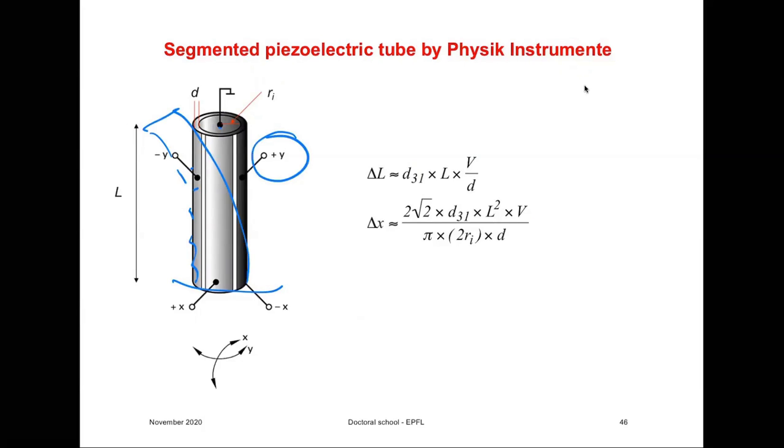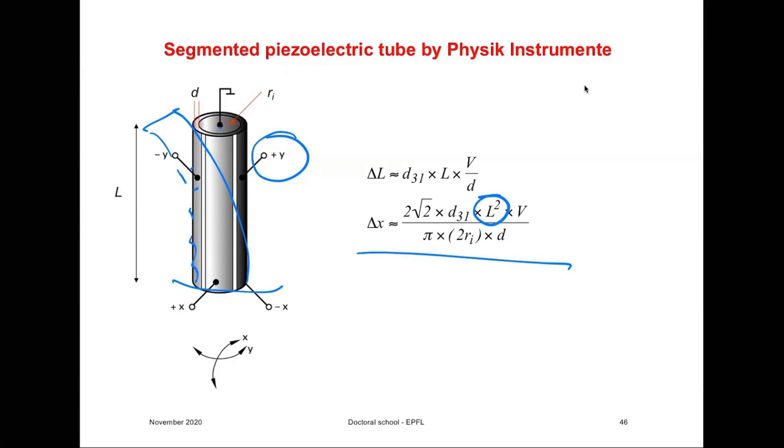And by applying different combinations and strengths of these voltages, positive and negative, on different electrodes, I can achieve almost any kind of movement in the plane. And X motion or Y motion is given by this relationship here. It depends a lot on L, the length of the tube, L squared. So the longer the tube, the more motion you can get.